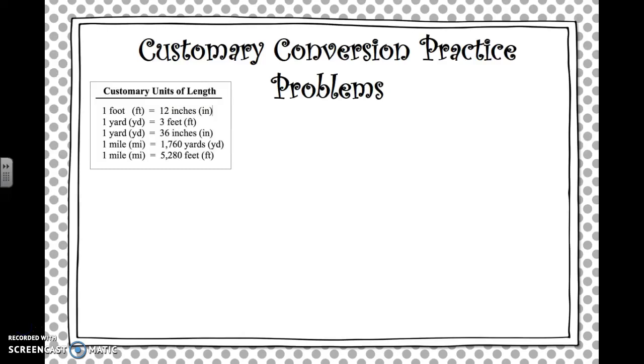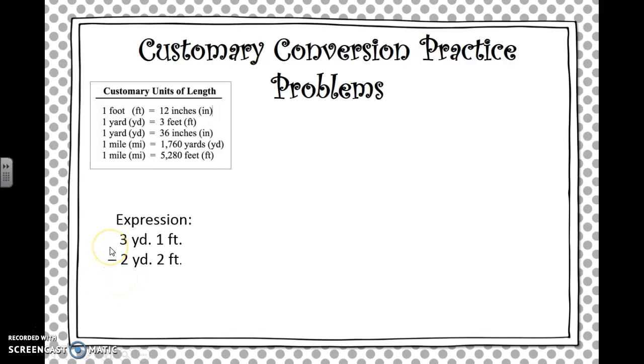Now that we've looked over our conversion chart and we have a better idea of what each of these units is equal to, we're ready to try a practice problem. Here I have an expression. We call this an expression and not an equation because there is no equal sign here.